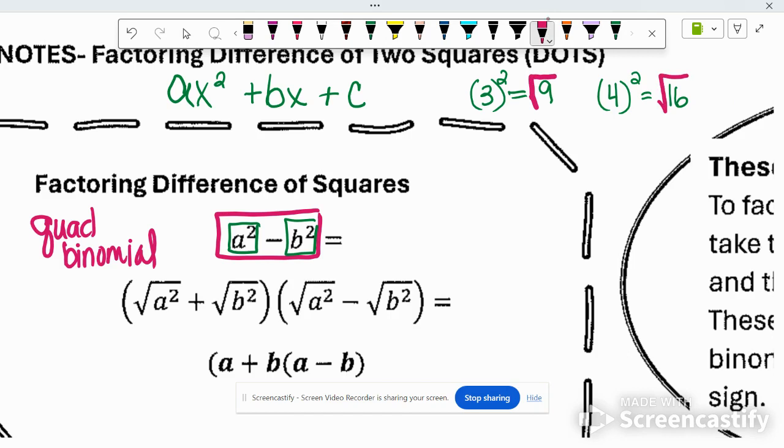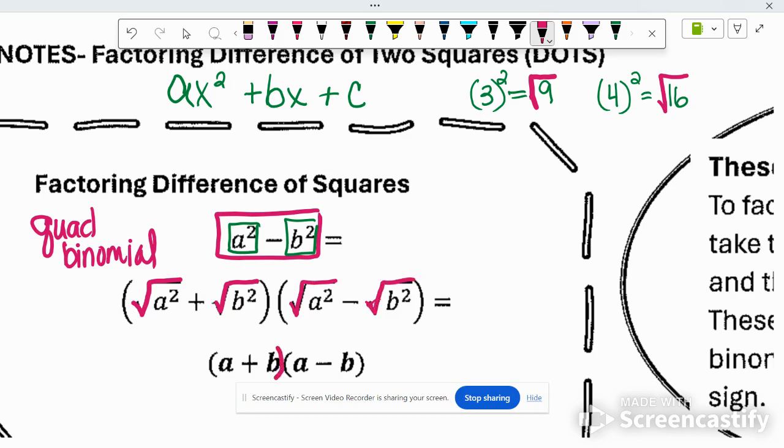So when you want to factor the difference of two squares, you're going to take the square root of the first term, which is a perfect square, and you're going to take the square root of the second term.